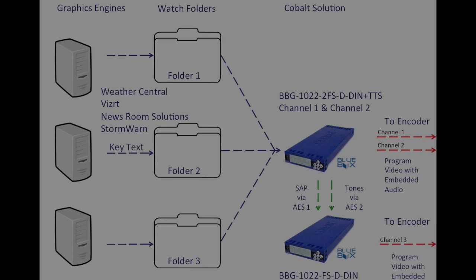However, it's possible that you might have something published to watch folder number 2, which would be in our system's architecture a lower priority. And then you might have something that comes into folder 1. Our system will stop or pause the content in folder 2, and then it'll play out the content in folder 1, delete the content in folder 1, and go back to play out what was in folder 2.